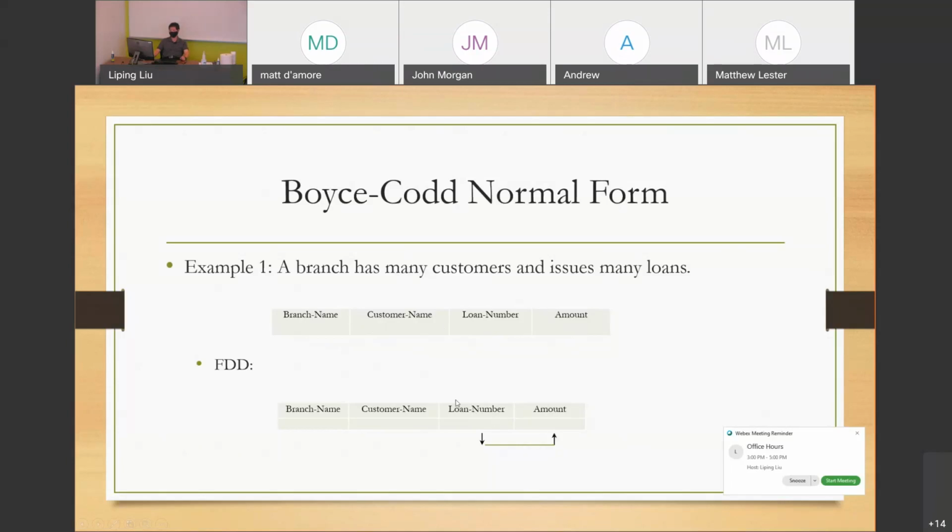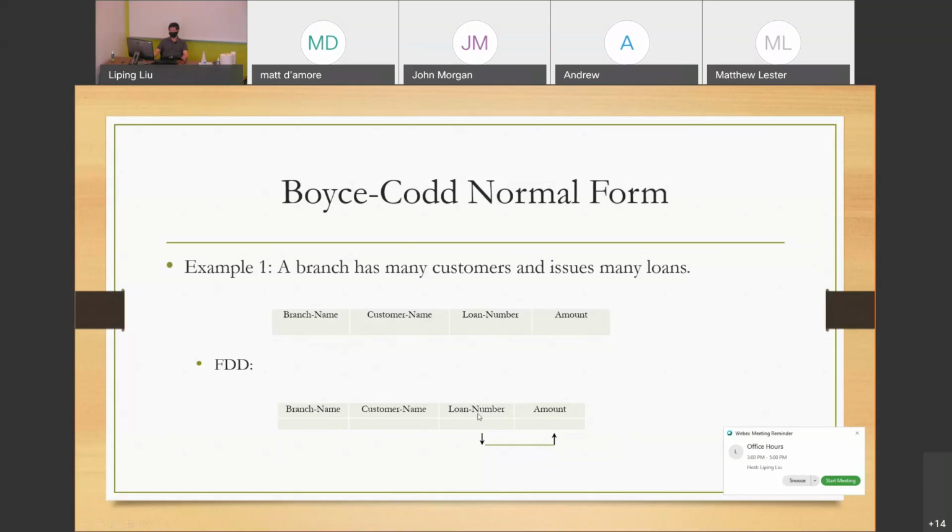Now you ask a question: is loan number a key for this table? In other words, if I tell you the loan number, can you tell who the customer is? That may be or maybe not. Why? Because some loans are joint loans. Husband and wife, partners, jointly apply for a loan. So with the loan number, you cannot tell who the customer is. Make sense?